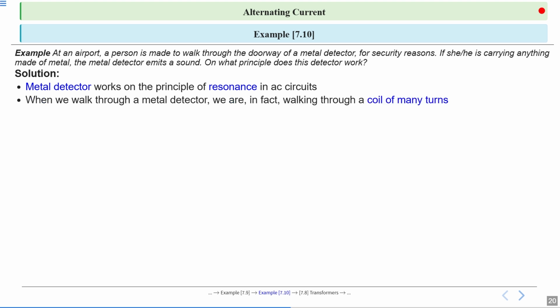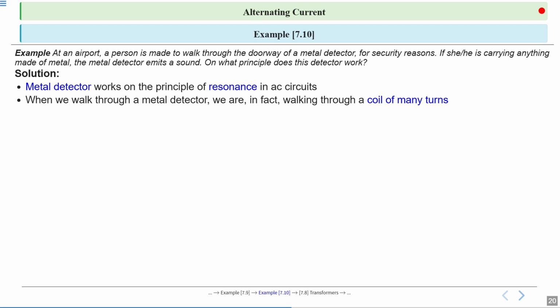When we walk through a metal detector, we are in fact walking through a coil of many turns. So that metal detector is a closed path. You may have seen that on the bottom part there is also a base, and a complete door-like structure is made.